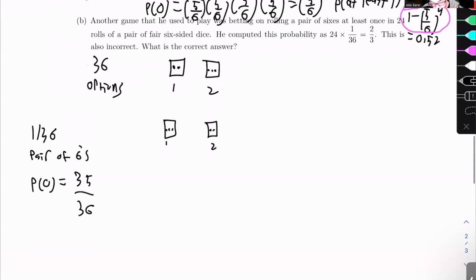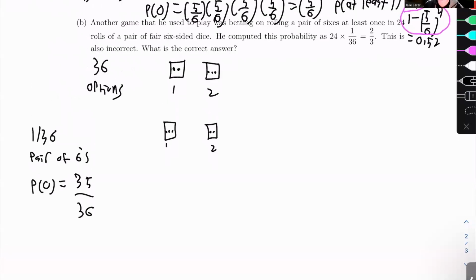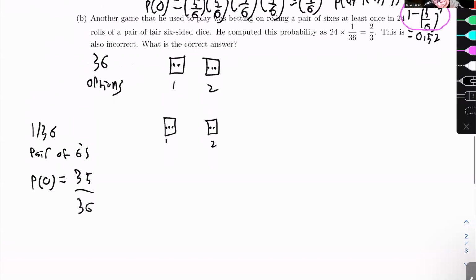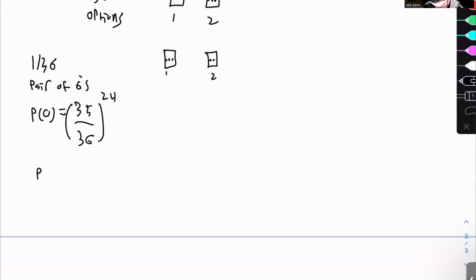And we are rolling these dice 24 times. So we're going to multiply it by itself 24 times because it's independent. We can multiply by each other over and over again until we get our desired amount, which is 24. So the probability of at least 1 is equal to 1 minus the probability of 0.